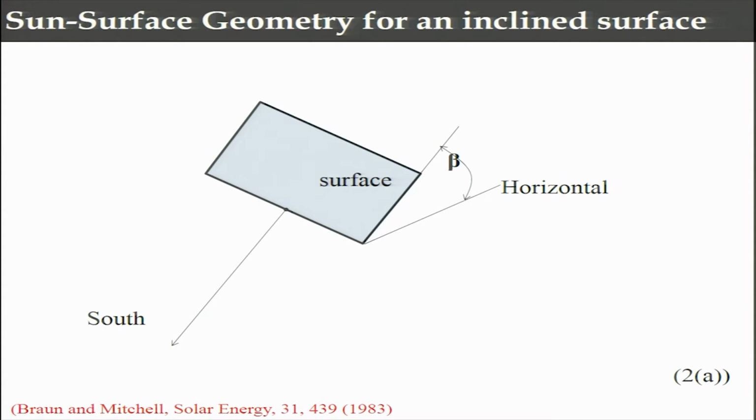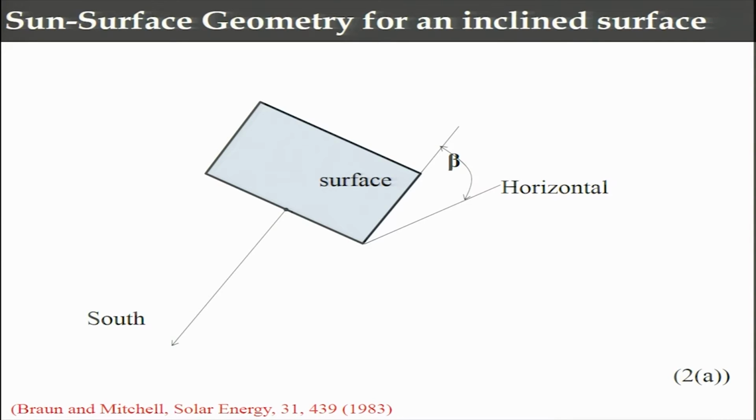This gray one is the surface inclined at an angle beta with respect to the horizontal, and south is pointing in the direction shown by this arrow. A detailed analysis you can see in this reference, Brown and Mitchell, Solar Energy, a paper published in 1983, which has a detailed geometrical analysis of these relations.